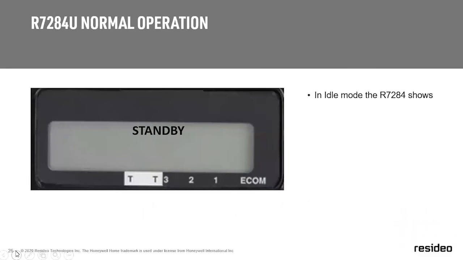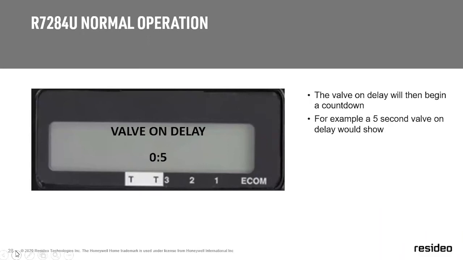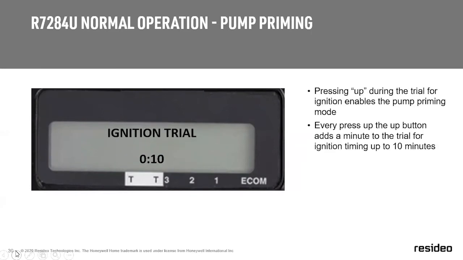So standby, idle mode, this is what it shows. There's a call for heat, valve on delay, and what will happen is this will start to click down as you see the clock start to wind down, and then ignition trial, the same thing as it counts down for the ignition trial, you'll see it.